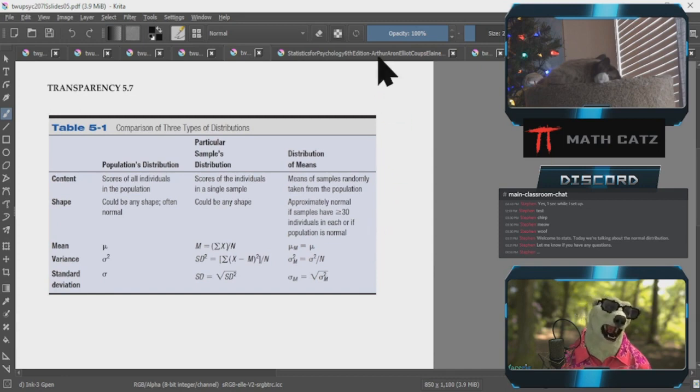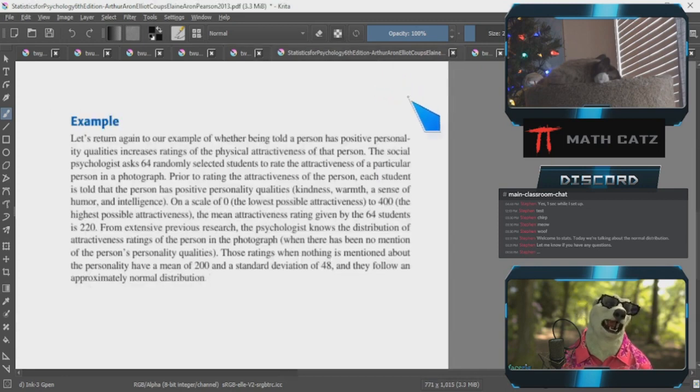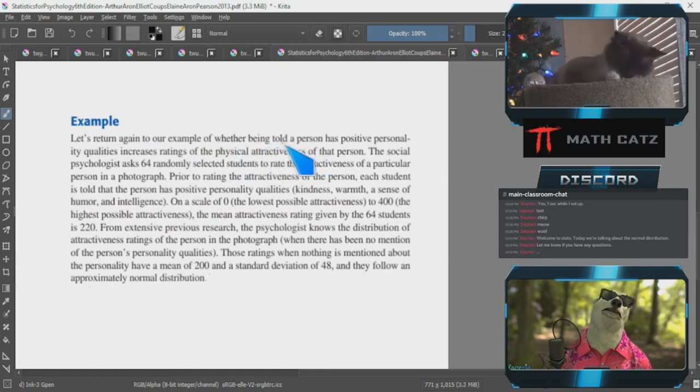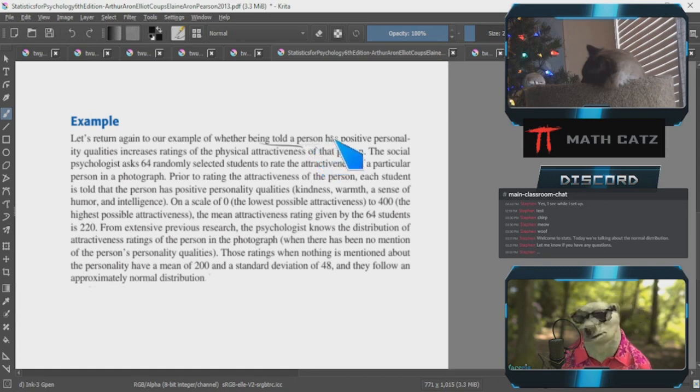So let's look at an example. It's a little wordy, but bear with me. I just took this from one of our books. So let's see, we're trying to investigate whether being told that a person has positive personality qualities increases their physical attractiveness by some score.